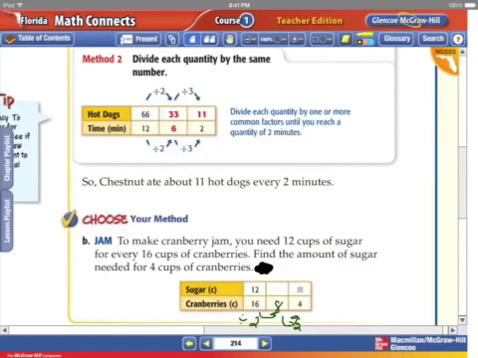Got to do the same thing top and bottom, so I would do 12 divided by 2, which gives me 6, and then I would do 6 divided by 2, which gives me 3. And it tells me that if I'm going to use 4 cups of cranberries, I'm going to need my 3 cups of sugar to solve it. Okay? So, most of you guys had a pretty good grasp on that in class.